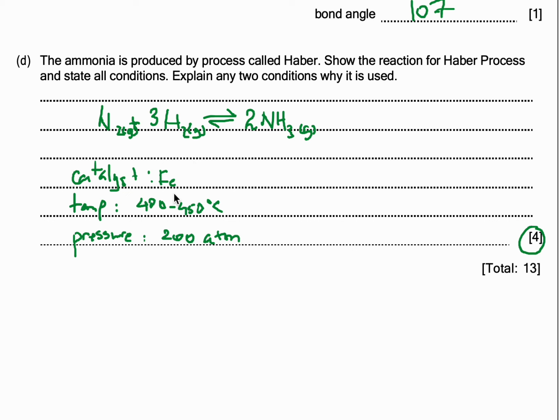And two conditions, so we have three conditions, so let me explain all three conditions. So catalyst, why we use catalyst? So here number one, number two, number three. Number one, catalyst is used to speed up the reaction.